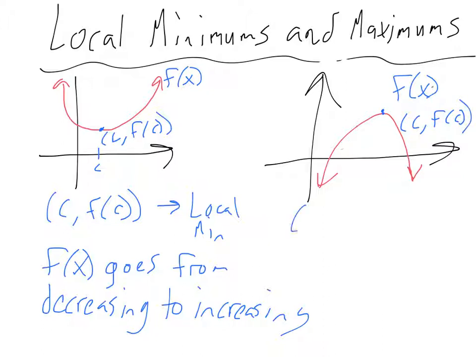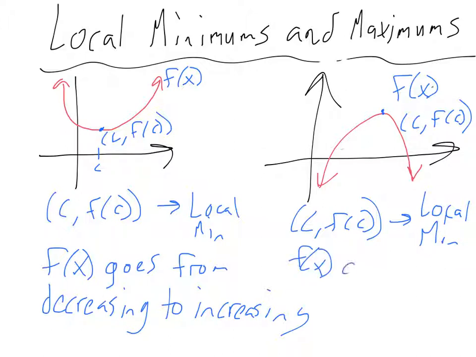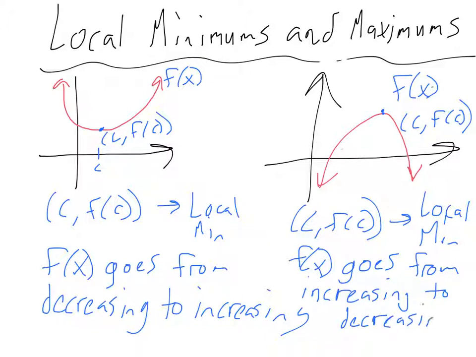We would say that that point is a local max, or maximum, right? And at that point, f of x goes from increasing to decreasing. Okay, so that's a local minimum and a local maximum.